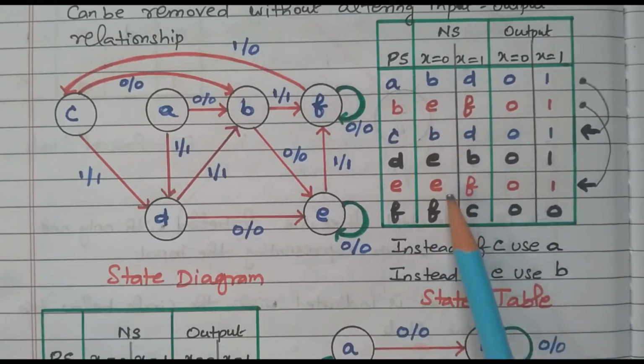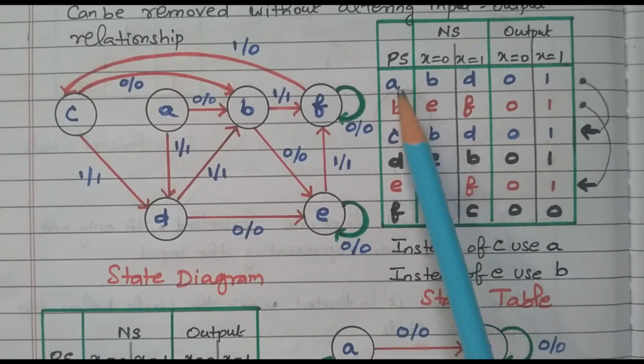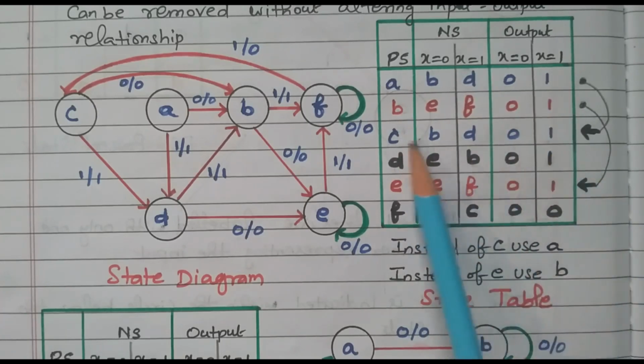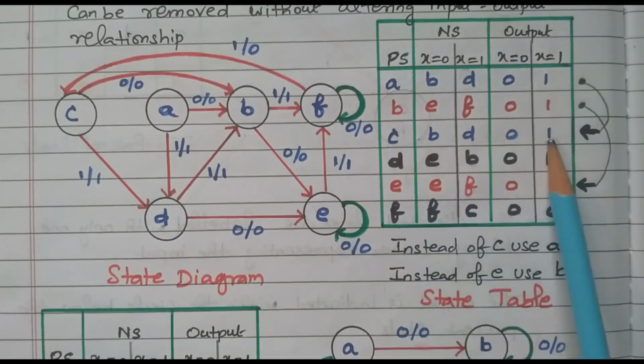So these two terms are repeated, we can avoid any one, right? From A B D 0 1, C B D 0 1, we can avoid this C B D 0 1.